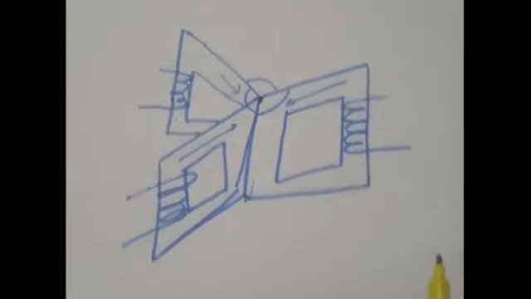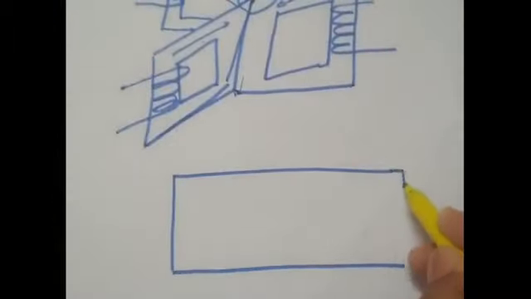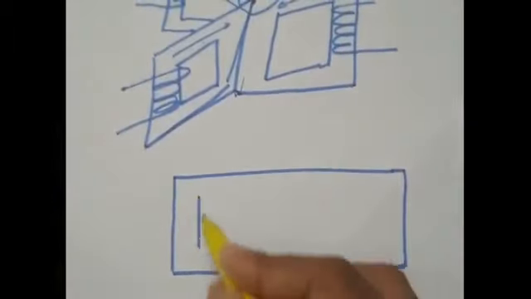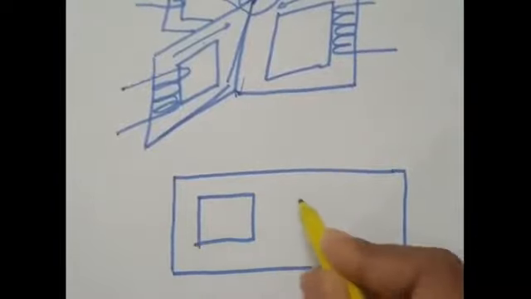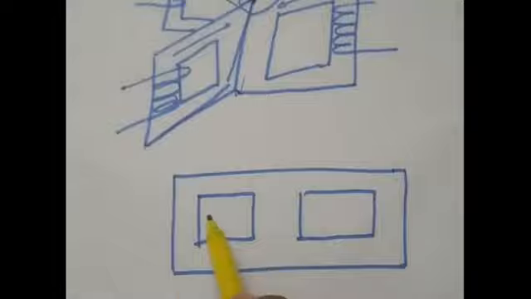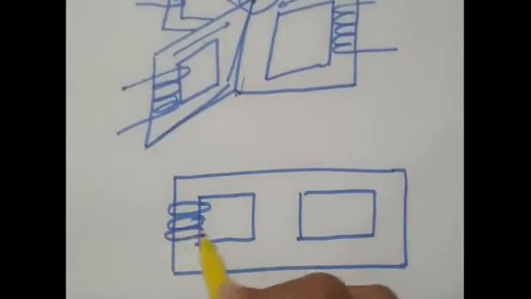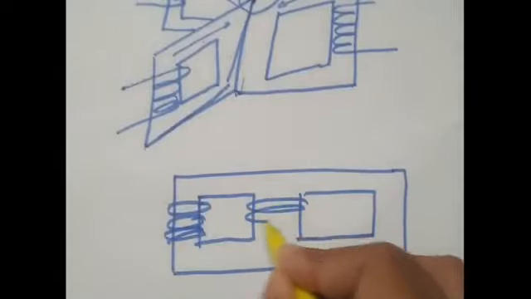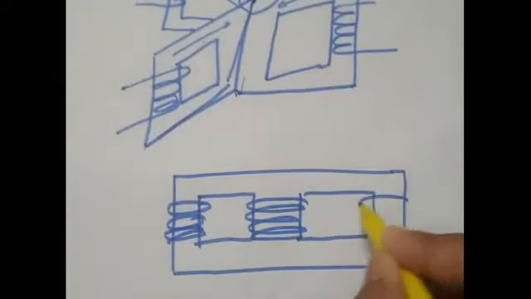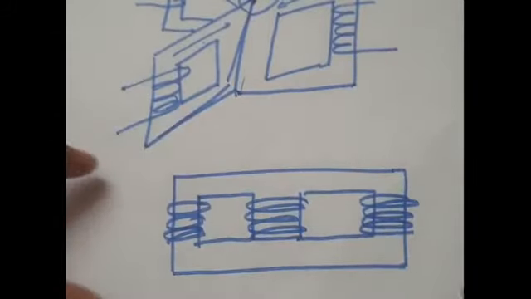This can also be done in this way, where we have a steel plate like this, and at these 3 places the windings will be done. This is how we will be able to form a three-phase transformer.